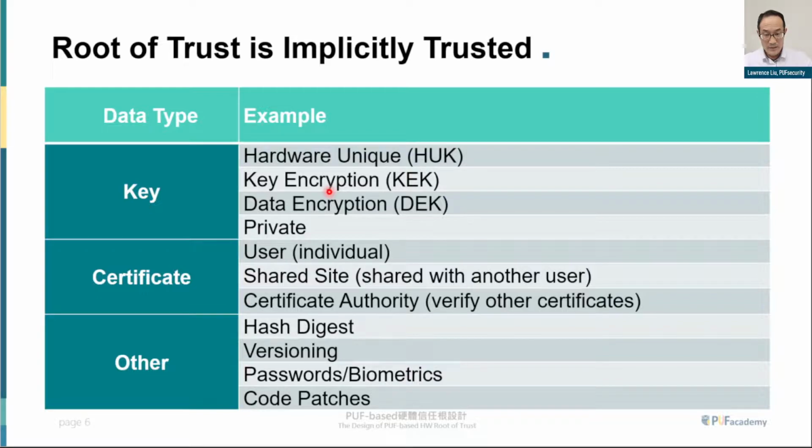As the implicitly trusted basis, it is either the source of the encryption key or the hardware unique key that is used to derive the encryption key. In much the same manner as with the function of privacy, the other primitive cryptographic functions are used to build the trust of a system from data sources kept safe by the root of trust, such as keys, certificates, and other types of data, such as passwords and code patches.